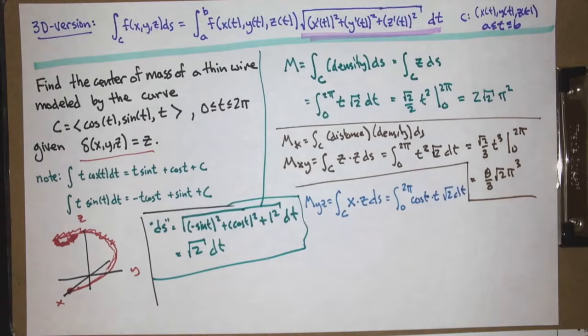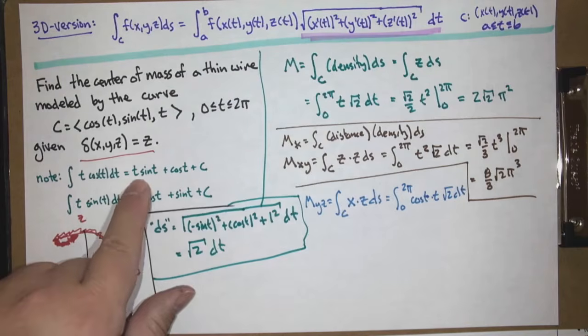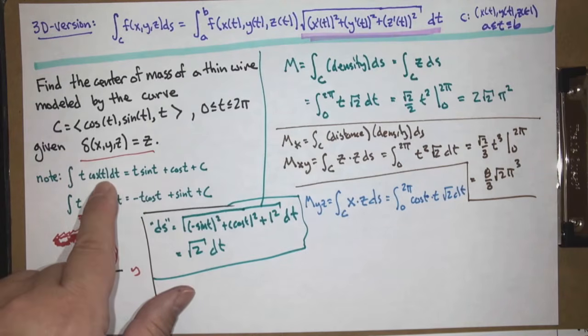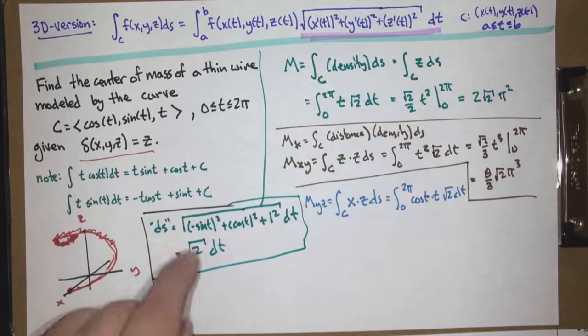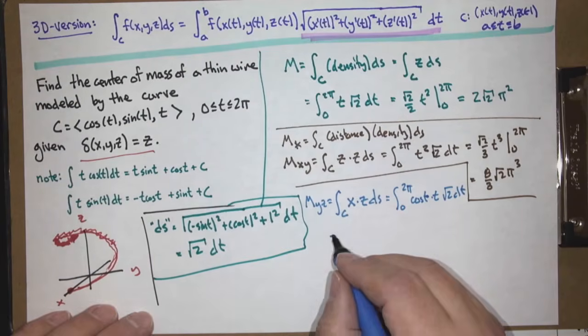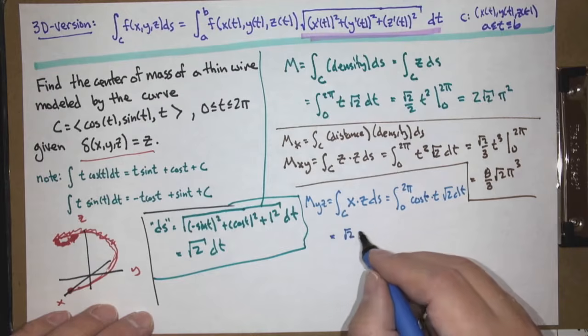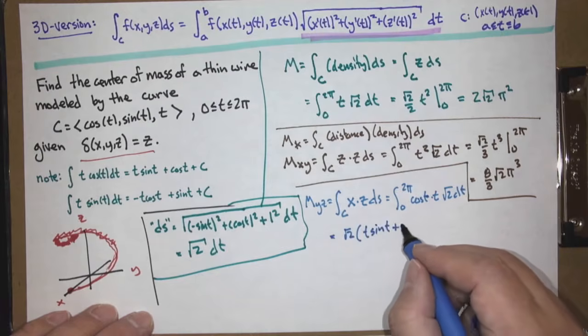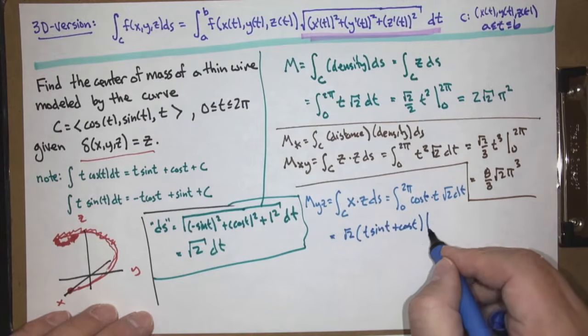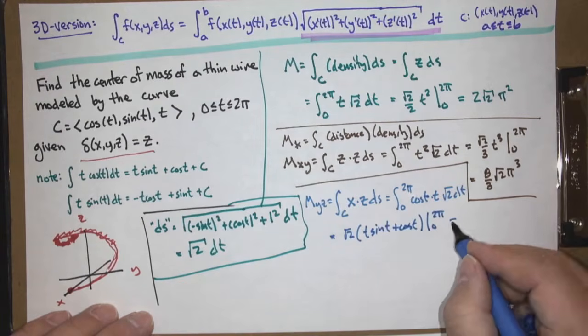Do we know how to integrate cosine of t times t? Well, there was a note they gave us. The integral of cosine of t times t is t sine t plus cosine t. So this becomes square root of 2 times t sine t plus cosine t, evaluated from 0 to 2 pi.